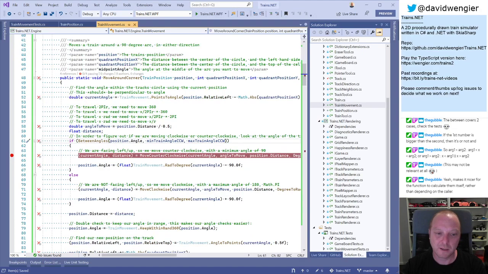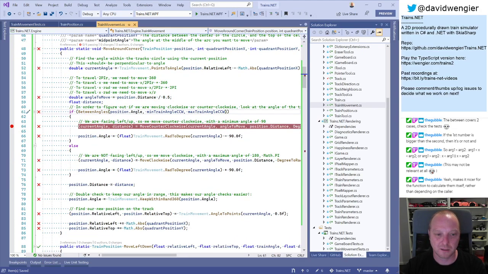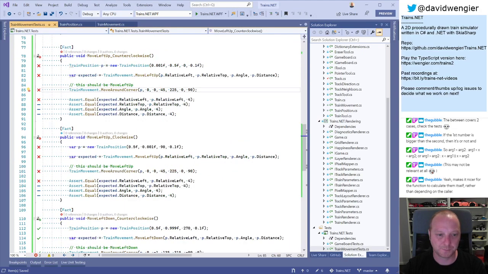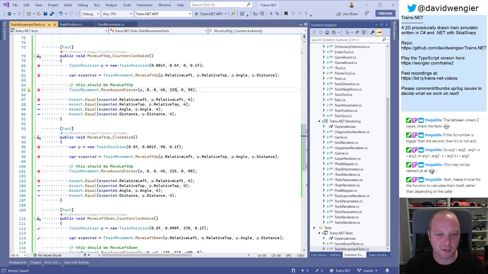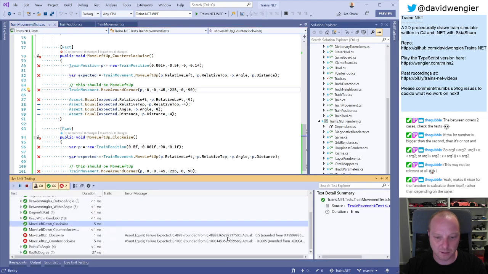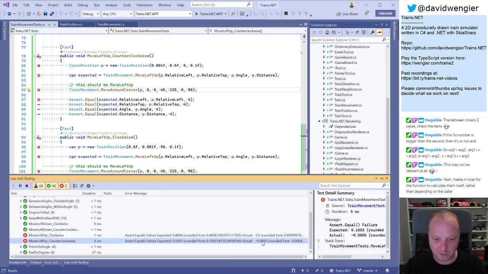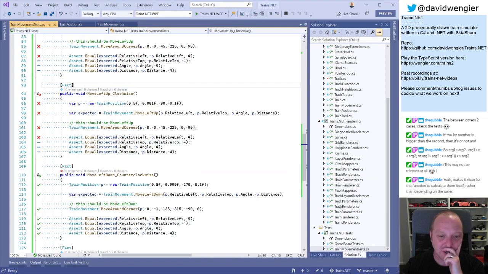Is that going to pass any tests? Go back to having failures that used to pass a bit. And oh, look at that. Well, this one's completely wrong, but 0.48 to 0.5. Okay.